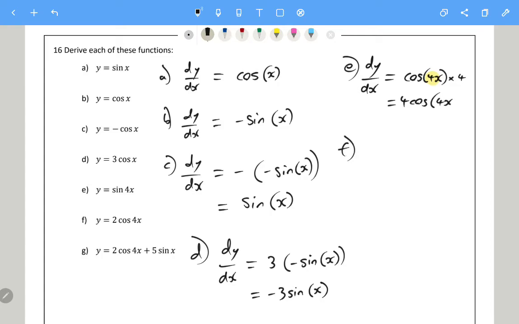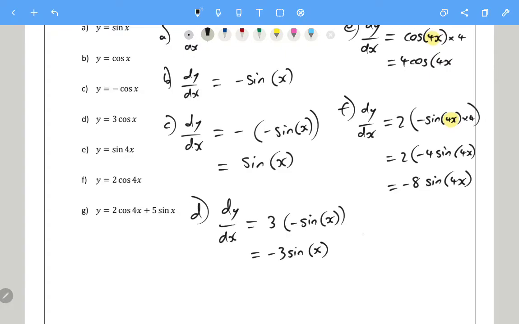F. F is y equals 2 cos of 4x. The 2 hangs out the front. Cos goes to negative sine 4x. But, chain rule, we've got to multiply by the derivative of the brackets. And we get 2 times negative 4 sine of 4x, and we get negative 8 sine of 4x.